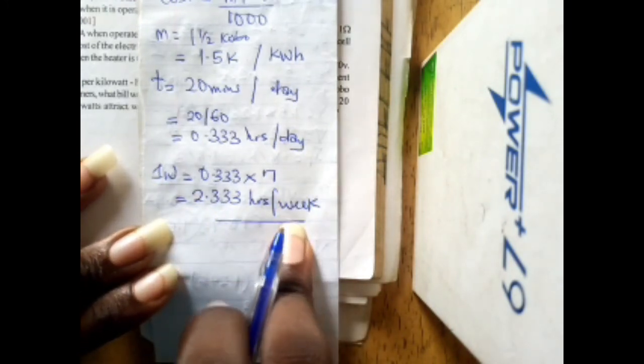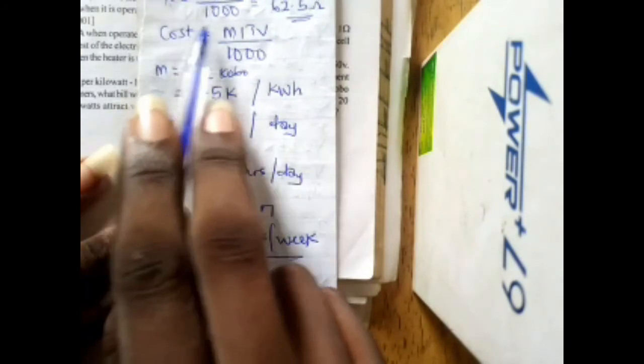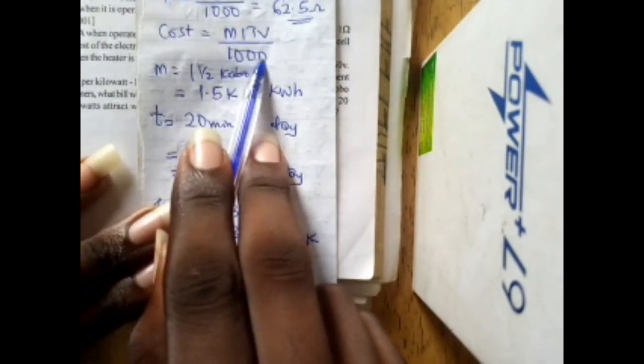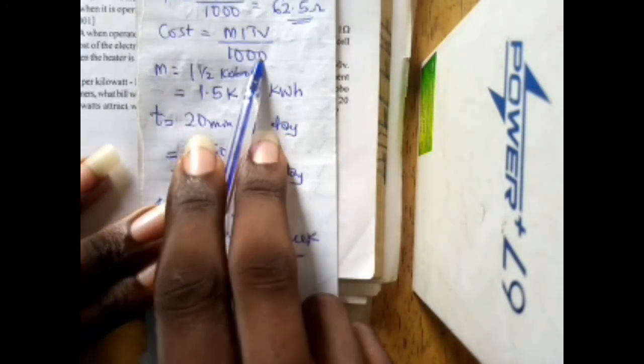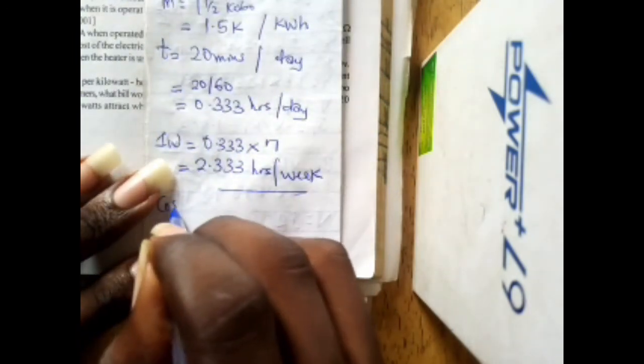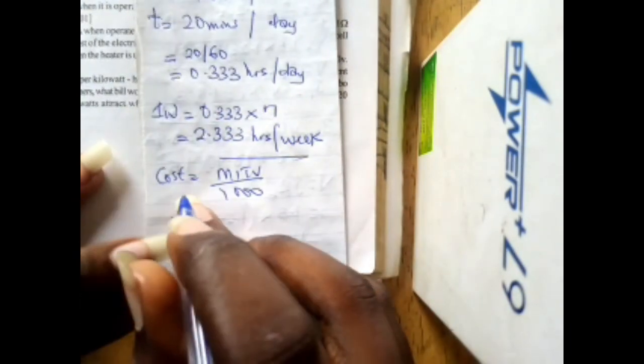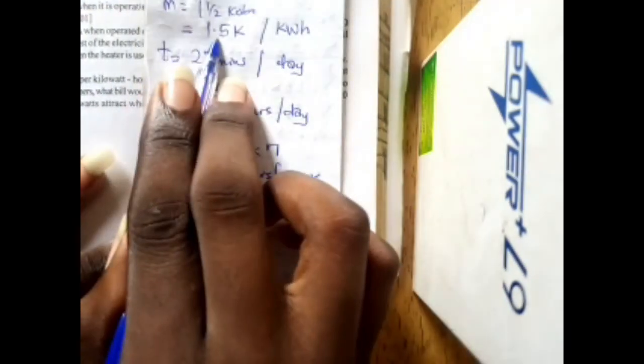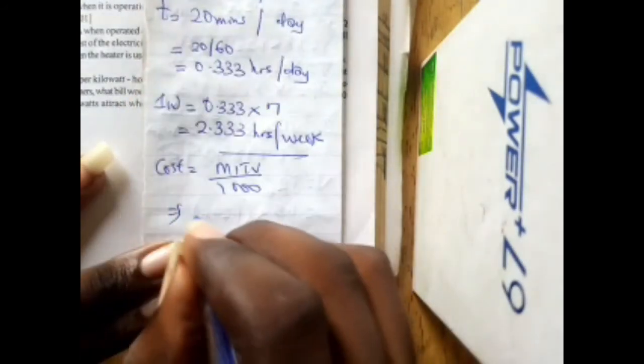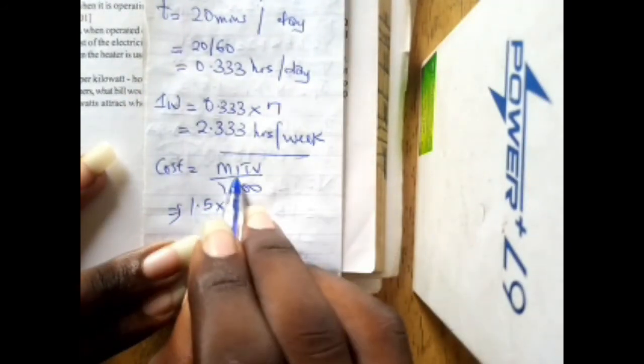So I recall that cost is equal to MICV over 1000. The monetary value is 1.5 kobo per kilowatt hour, so 1.5 times current times time times voltage.